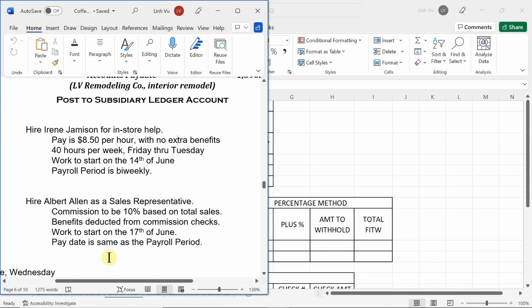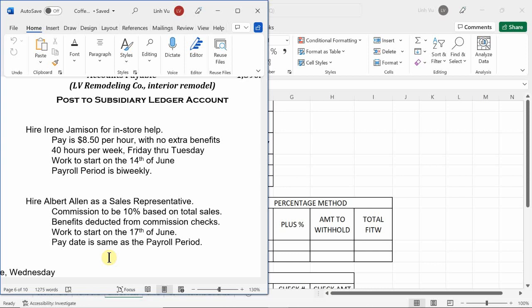We also end up hiring Albert Allen, okay, as a sales representative, okay? And in this case, he's going to be working for commissions of 10% based on his total sales that he earns, okay? Benefits are deducted from his commissions, but in this case, we don't have any benefits, okay? And of course, he is to start work on the 17th of June.